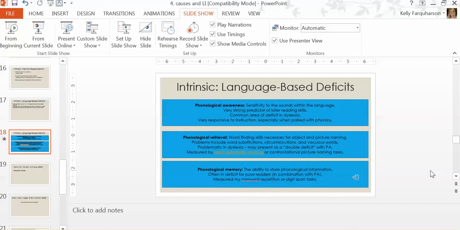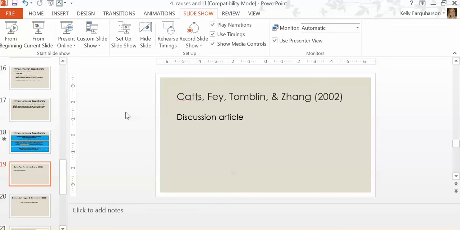But often what we're asking kids to do is to listen to non-words and repeat them back. So we might say juke, chan, tatch, and the child would have to say back juke, chan, tatch. So these are three huge language skills that contribute substantially to reading abilities.